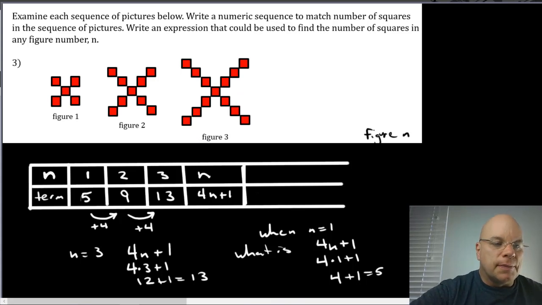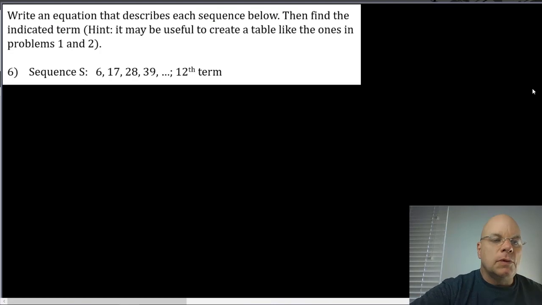I also want to look at problem number 6 with you. This asks us to write an equation that describes the sequence, then find the indicated term. This is just like the other problems, except you don't have a table.